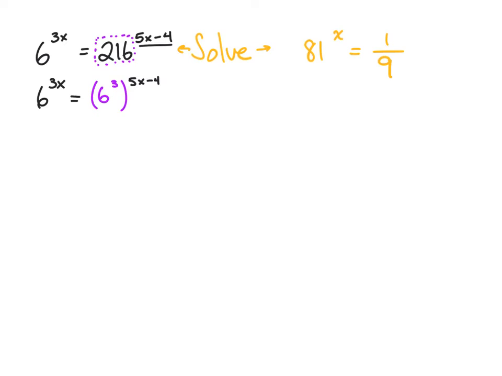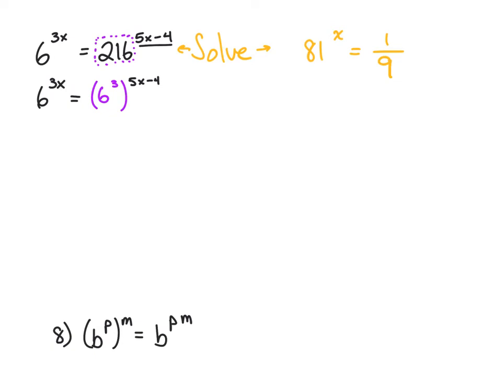So let me write that right down here. I think we were on number 8. If you have a base that is being raised to a power, and it will be raised to yet another power, you will multiply those powers together. So, with that being said, we have to multiply these exponents together now.